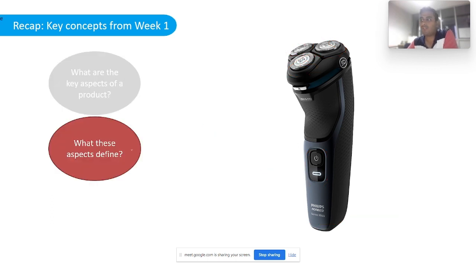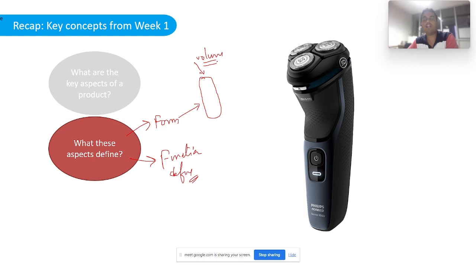Now the next question that comes to someone's mind is, what do these aspects define? That means what form defines and what function defines. Now form is not just about a volume, it's not just the structure, it also defines the concept, how the functional elements are arranged in a particular order, so that a device is usable in a particular way.